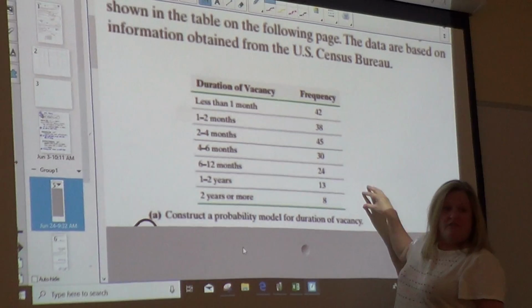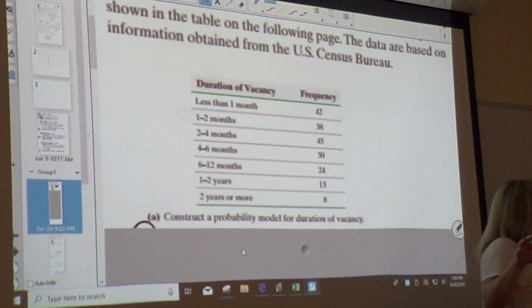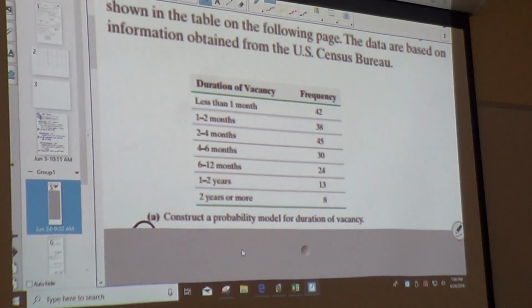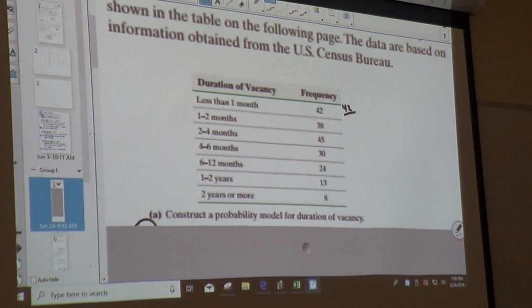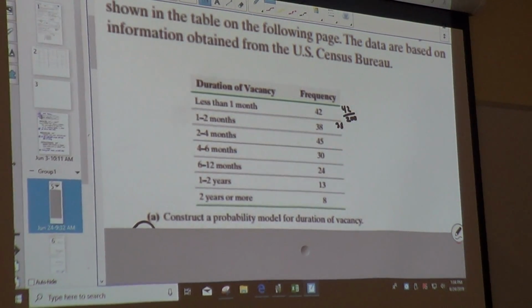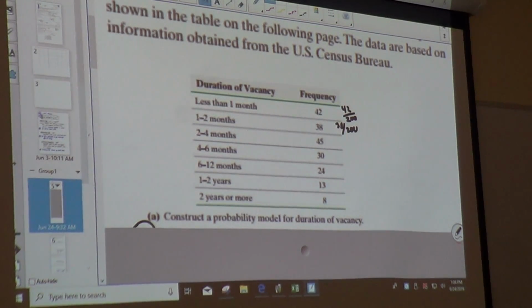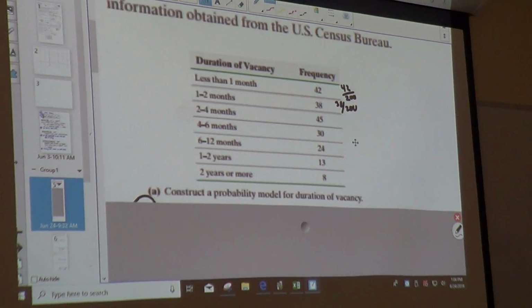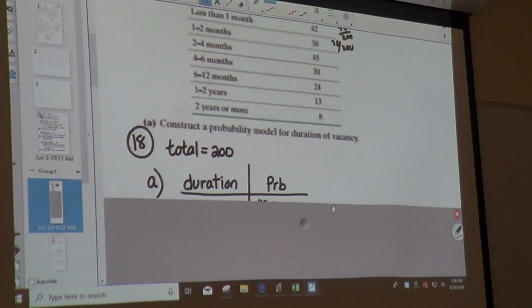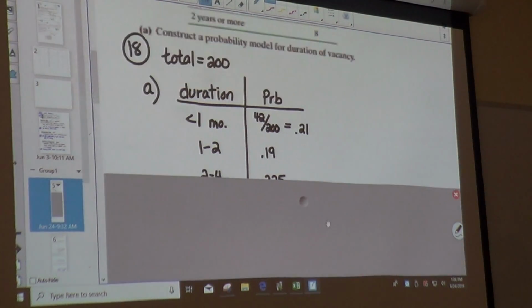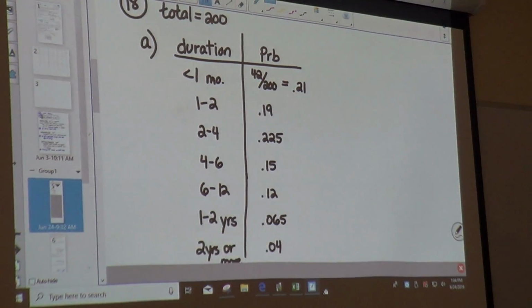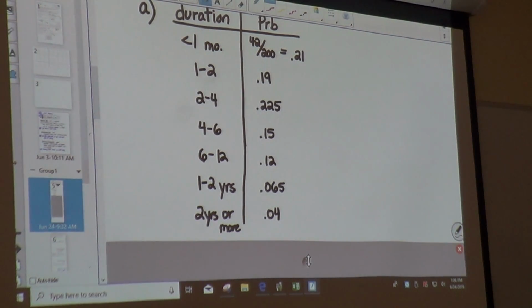And what should all of those add up to be? 1. So this would be 42 divided by 200, 38 divided by 200, and those can either be fractions, decimals, or percentages, and then they have to add up to 1. And then by the process of elimination, I have it all right here by the power of TV. We good?